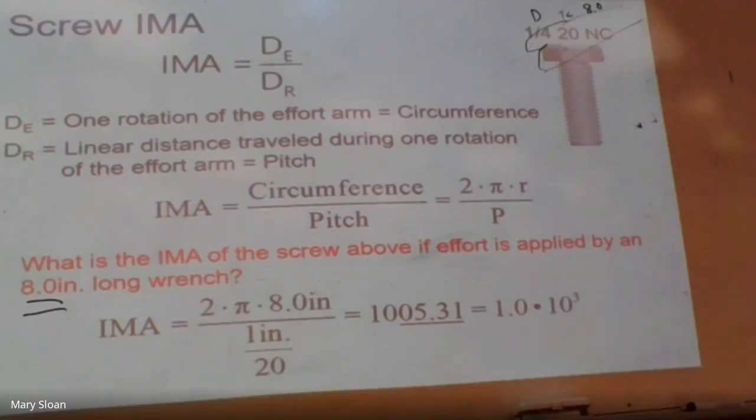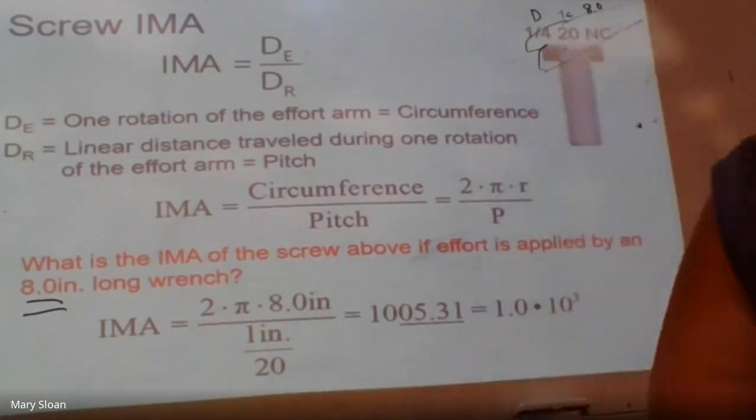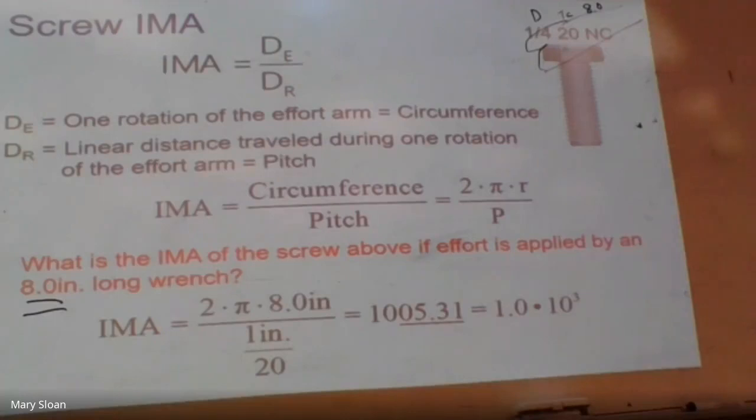So 2 pi radius, the wrench is the radius of the effort force. Does that make sense now? Yeah. And it's divided by 1 inch over 20. Why are we doing 1 inch over 20? Because that is the thread. Very good. So we have to make that into a fraction. Put it in your calculator and see if you get it.